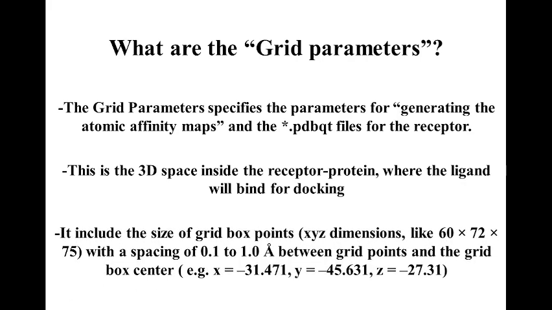It includes the size of the grid box, likewise XYZ dimension, with a spacing of from 0.1 to 1 angstrom between the grid points, and the grid box center like the X, Y and Z.